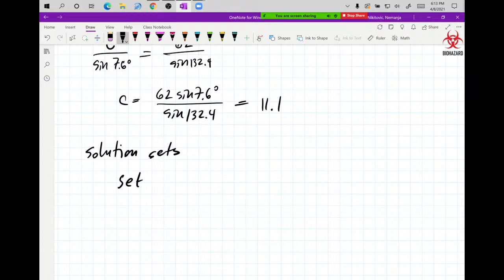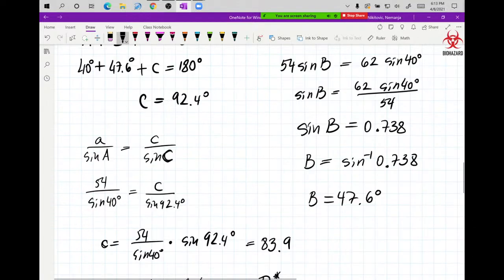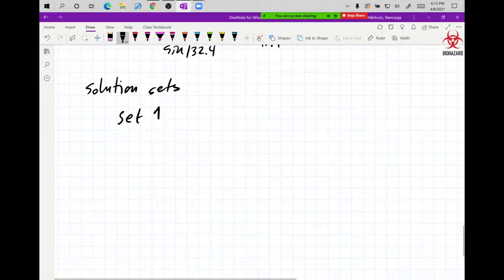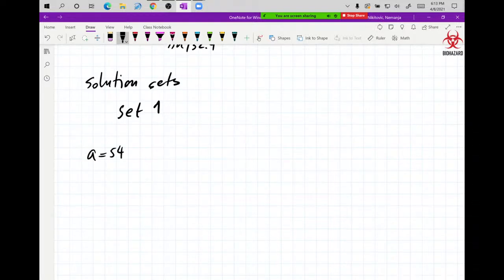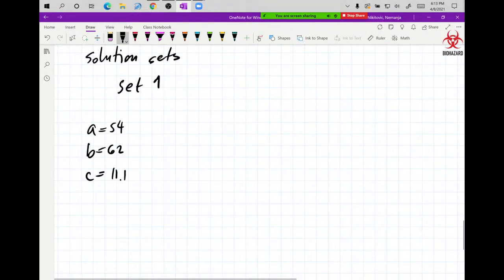So set 1 is going to have lowercase a 54 and then 62. So a is 54, b is 62, c is, what was that thing? 11.1 centimeters, let's say.